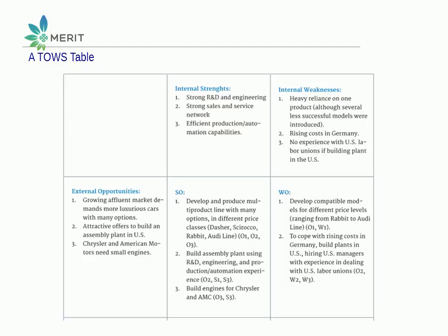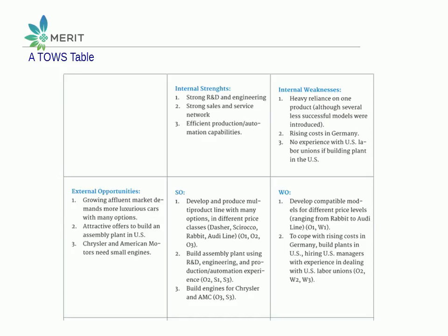So a TOWS table is kind of an inverse. You use the SWOT and try to come up with combinations. You know that there is some external opportunity. You want to address it in terms of your internal strengths and your internal weaknesses. So what you do with that opportunity is what a TOWS matrix does.